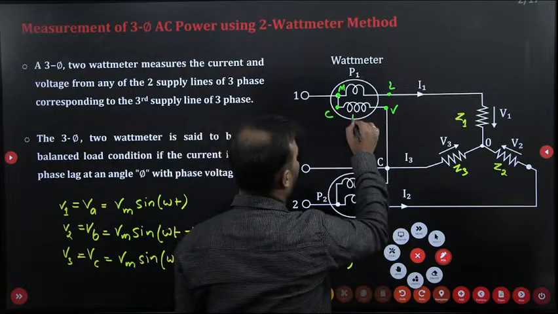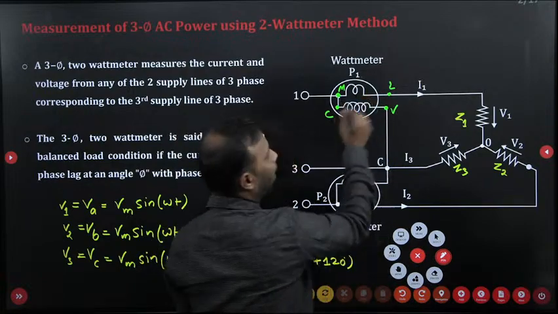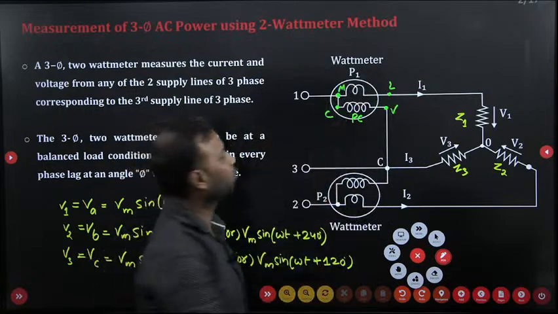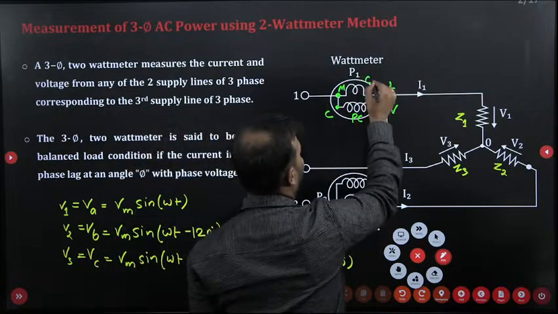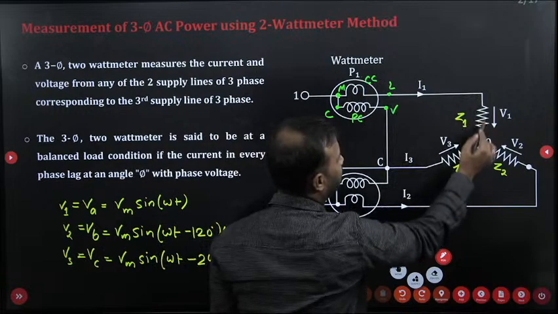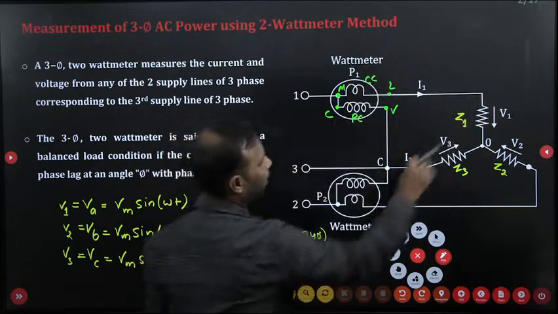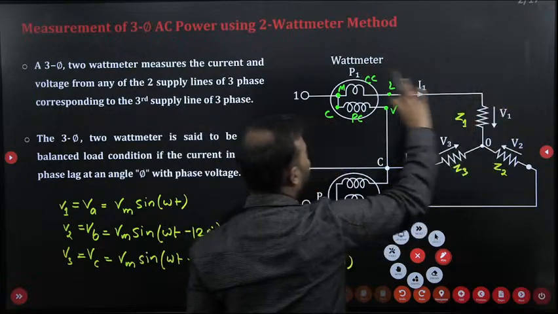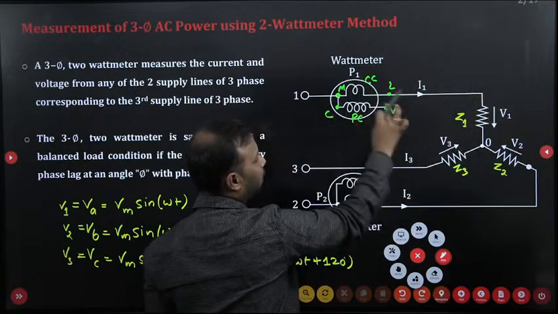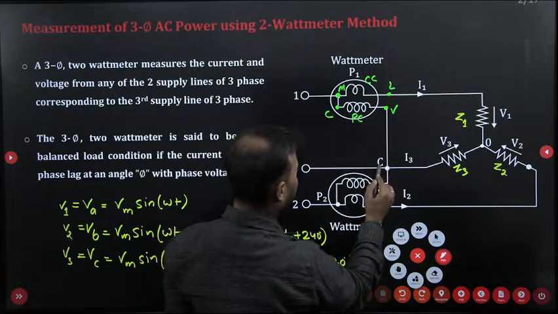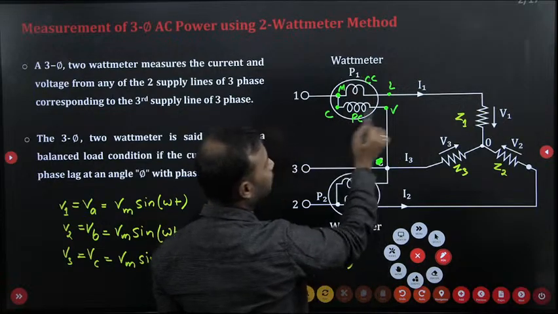Similarly, M to L is another coil, the current coil, which is going to measure your current. This is connected in series with the current, therefore it is measuring the current, and this voltage is in parallel with C and somewhere between C and V.